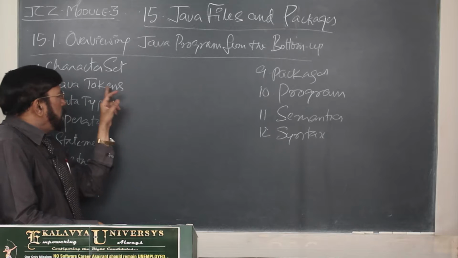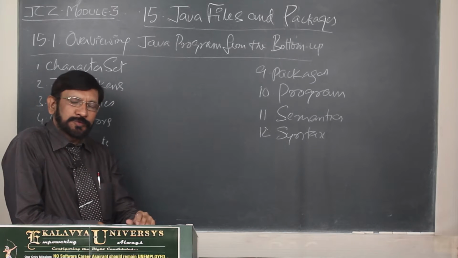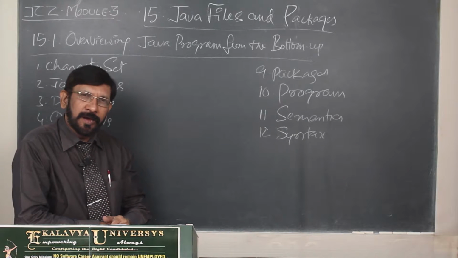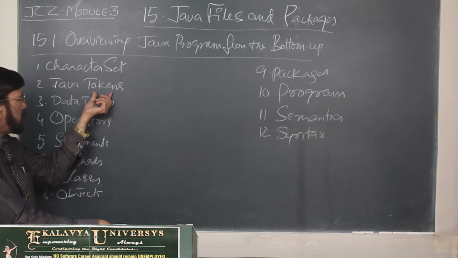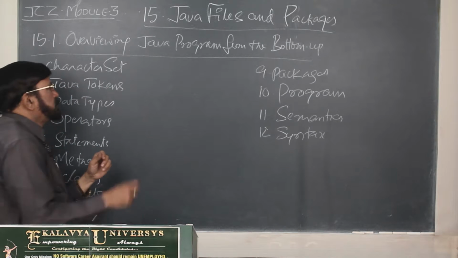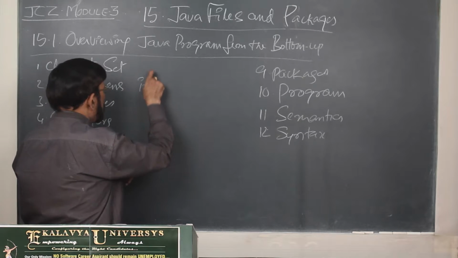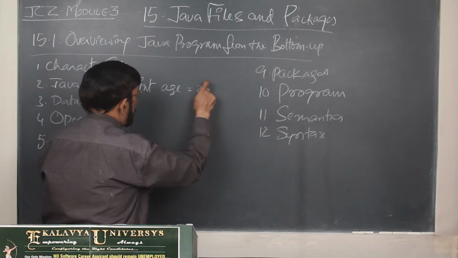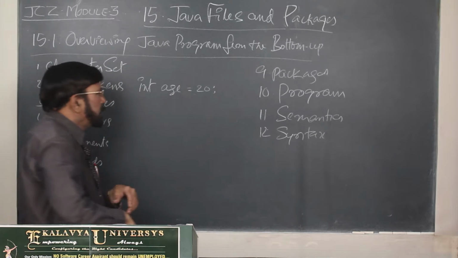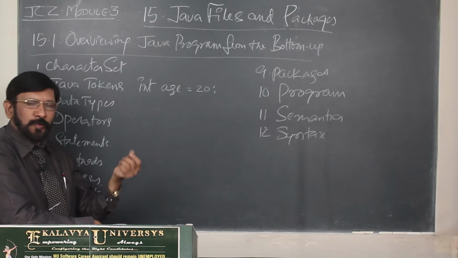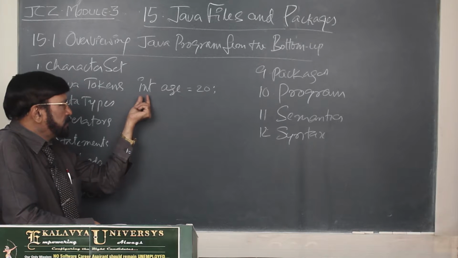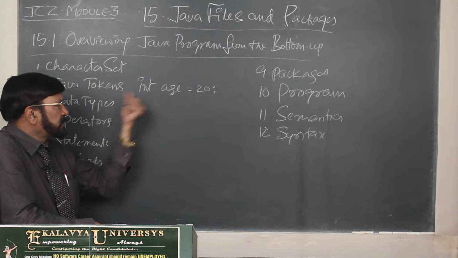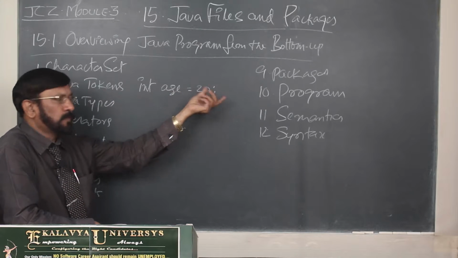Whatever units we use, the token is the basic unit. Now I write a simple statement: int age. See that here 5 types of tokens we composed, and a meaningful statement or instruction is formed: 1, 2, 3, 4, 5.